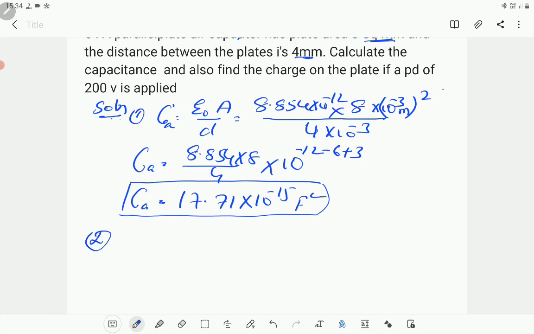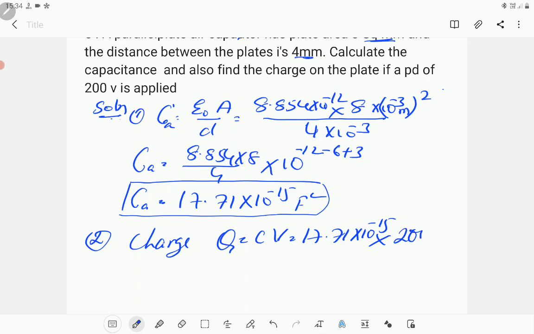Second one, charge value. What is charge? Charge Q that equal to CV. And C already found 7.71 10 to the power minus 15 into the value of PD 200.